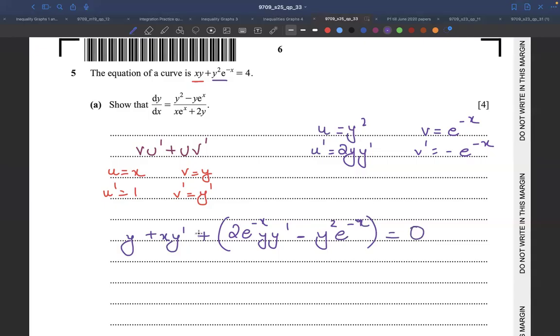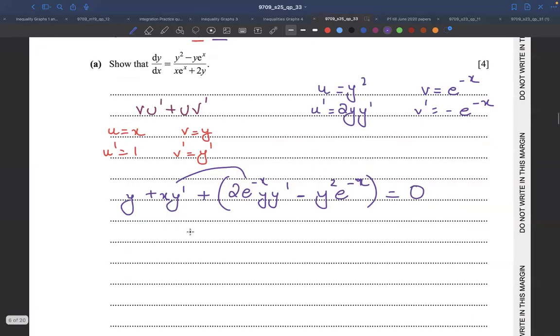Now to find dy/dx, we'll separate these two terms. So we'll get xy' plus 2e to the power minus x y' is equal to, taking this on the right hand side, y squared plus y squared e to the power minus x, and this will become minus y.